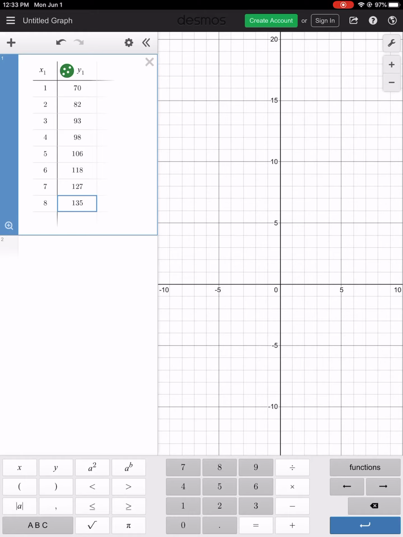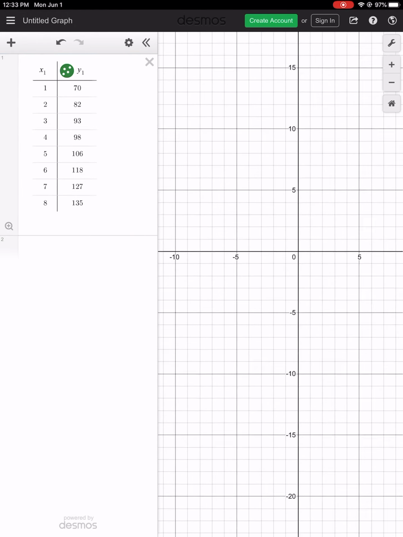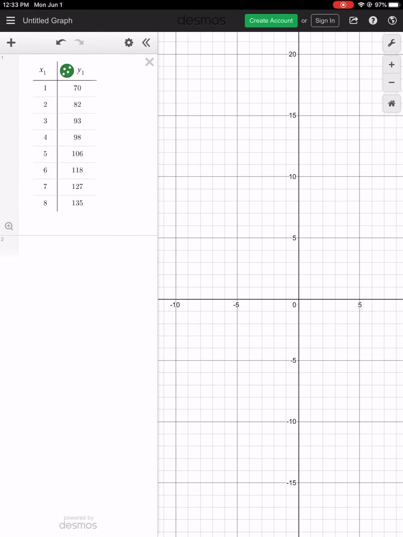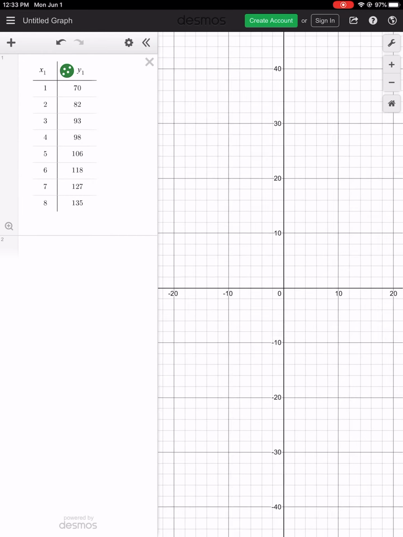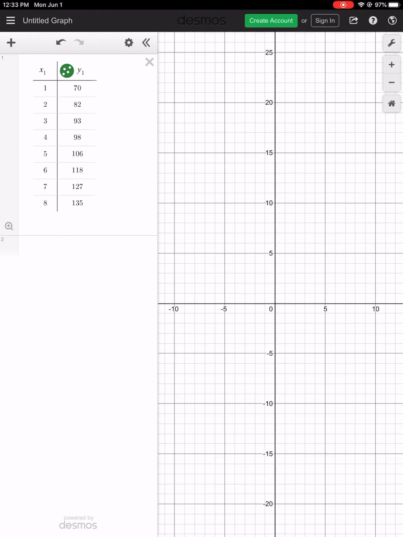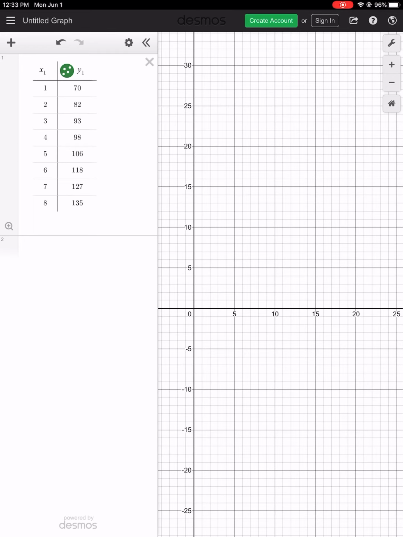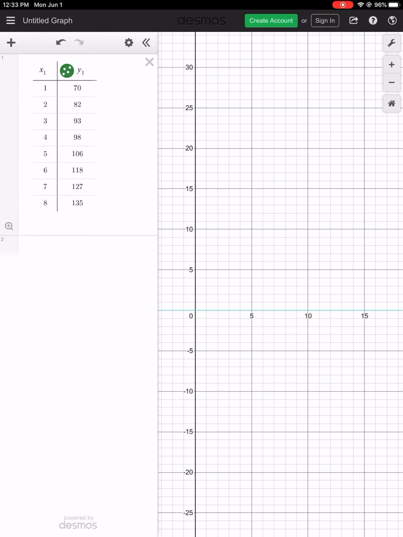So we have to manipulate the graph. We've talked about this before. One finger will move things around. Two fingers not on the axes will make the graph smaller or larger. My x-axis is okay because it's showing 1 to 8.